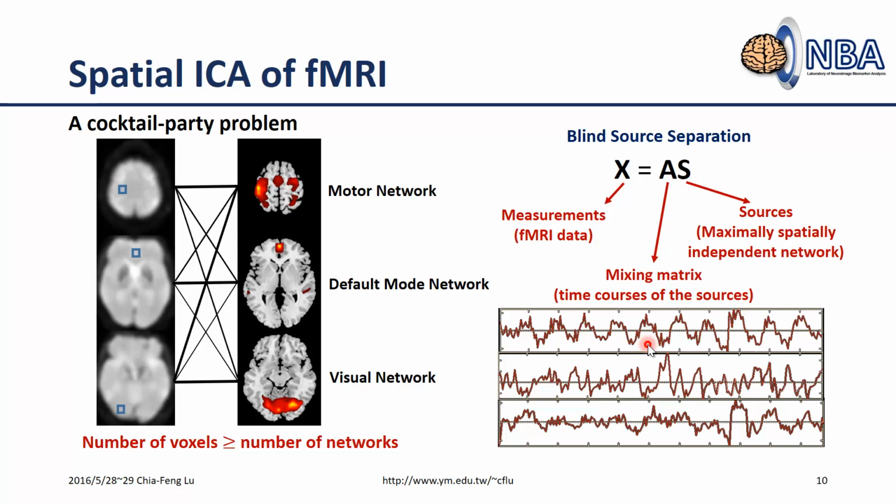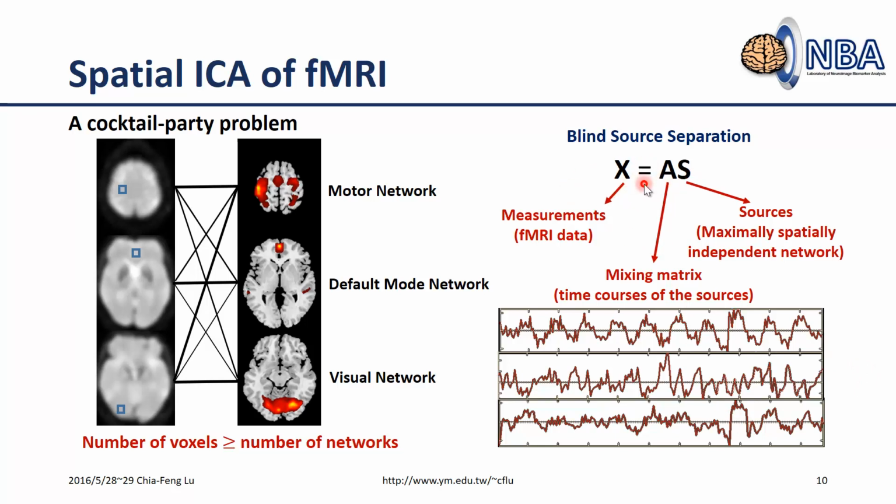Actually 10 blocks for the motor grasping. So you can count, there's 1 block, 2, 3, 4, 5, 6, 7, 8, 9, 10. Actually, you can identify the time courses for these 3 different sources or 3 different networks there.